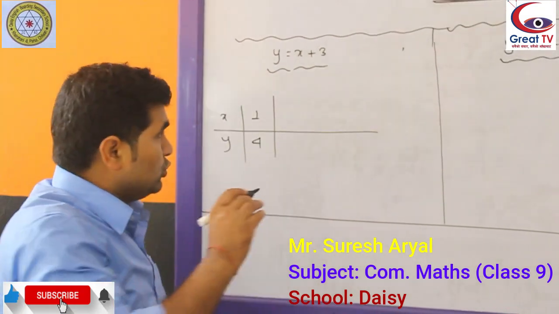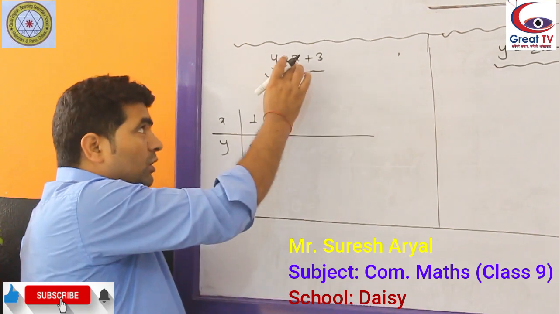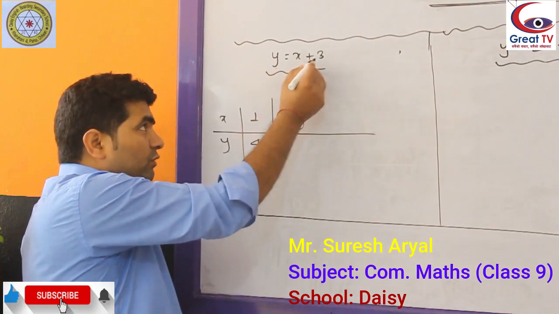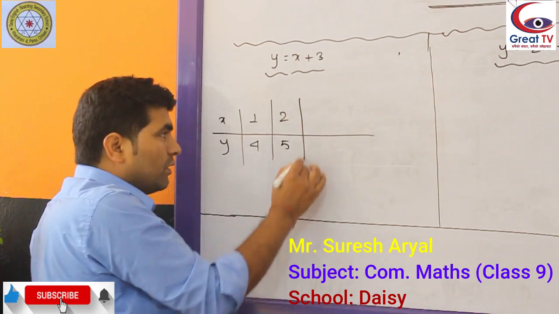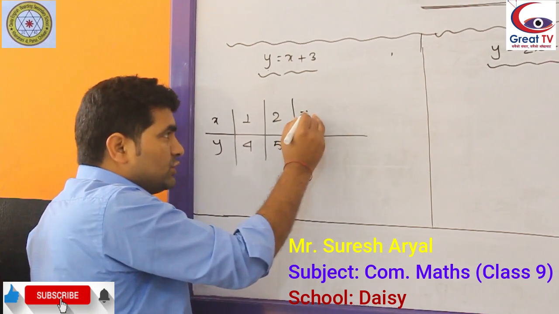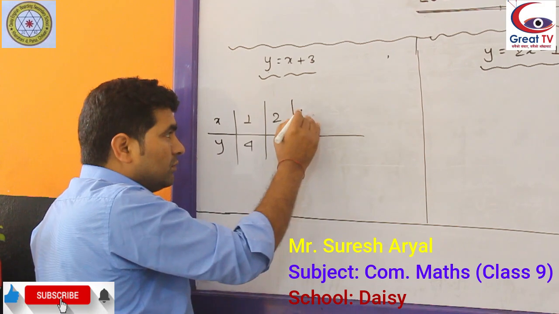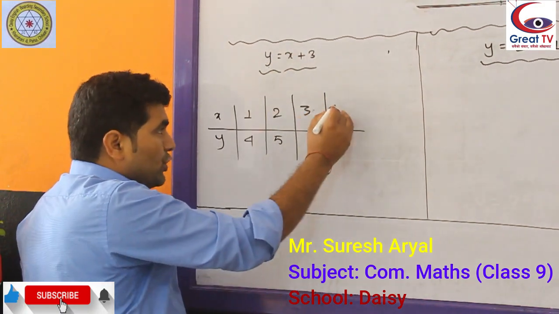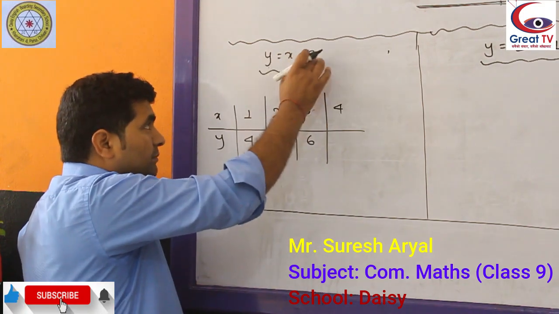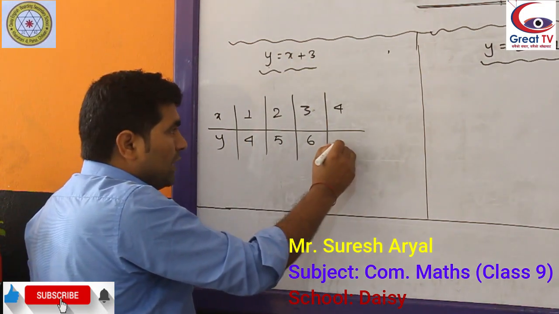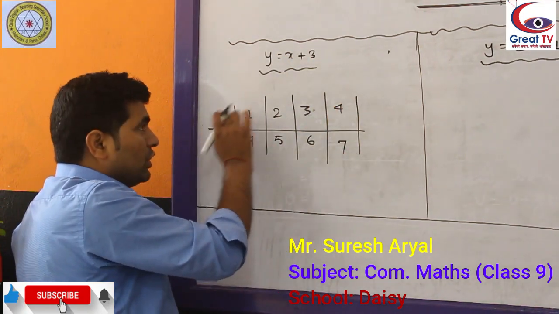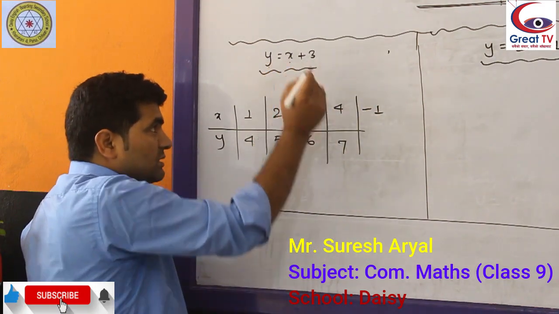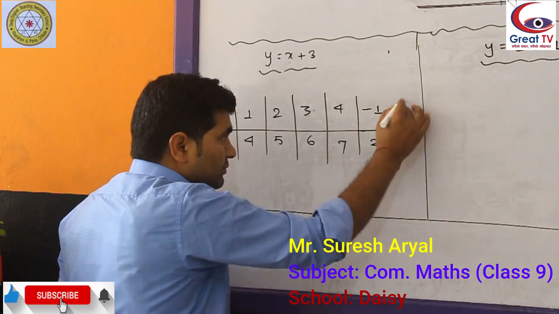Similarly, substituting the value of x as 2, after solving, 2 plus 3 gives y equal to 5. Substituting x as 3, 3 plus 3 is 6. Substituting x as 4, y is 7. Substituting x as -1, -1 plus 3 is 2.